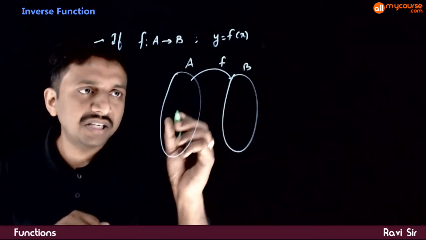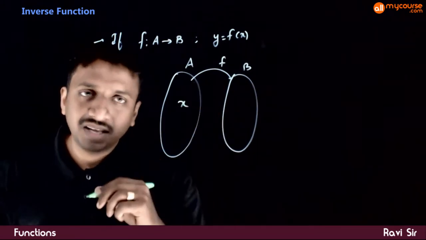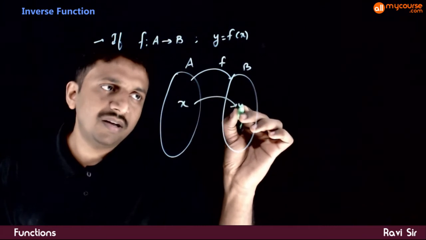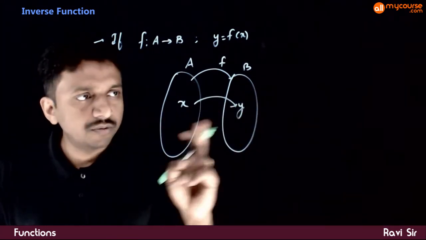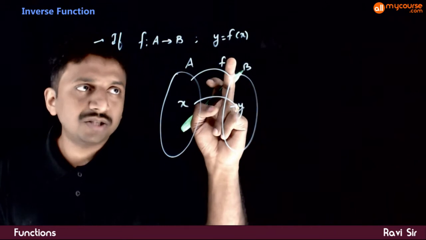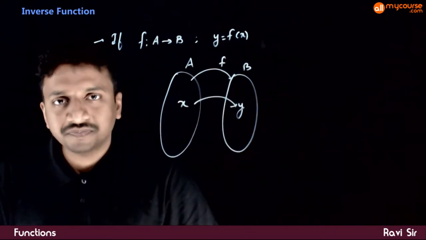That is, this function connects an element x in A to an element y in B. So y is the image of x with respect to this function.